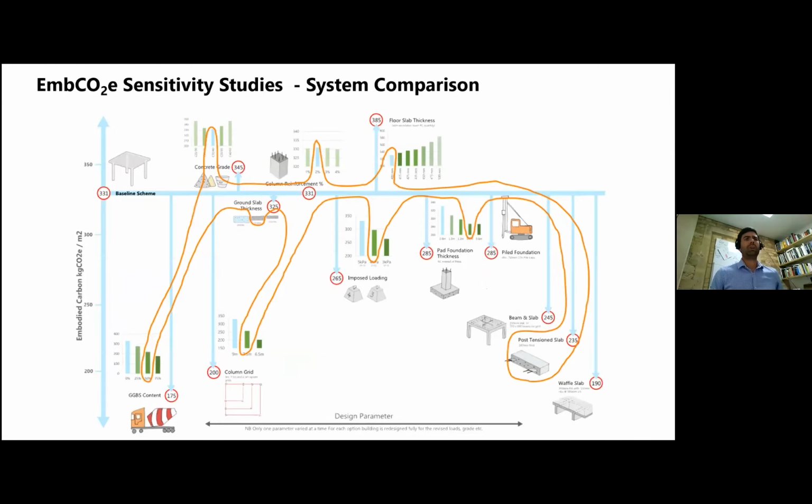So we would never actually do this one by one in a design for real. So looking at this sort of slug trail around this was looking at all of the different components that we could integrate together to try and see how low we could go on our embodied carbon content of our structural frame.